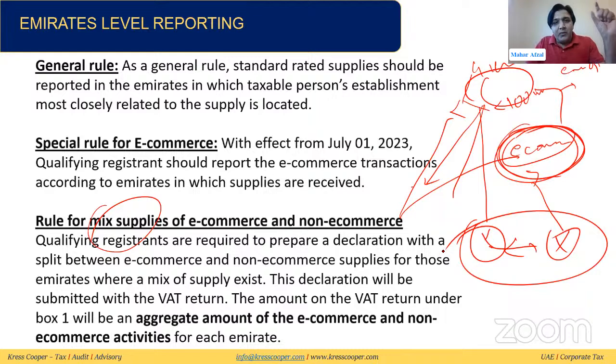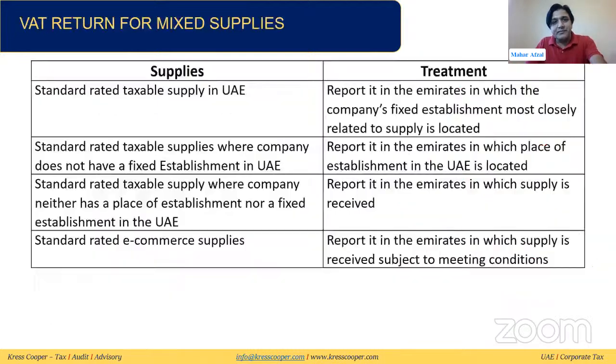At the end, we need to identify the respective Emirate, and after identification, we need to consolidate the number and report it in the return. The amount on the VAT return under box number 1 will be an aggregate amount of the e-commerce and non-e-commerce activities for each Emirate.